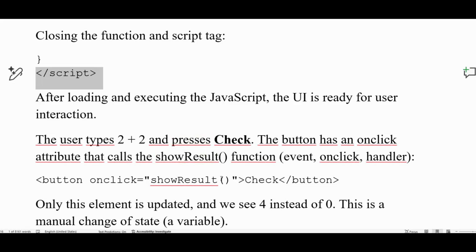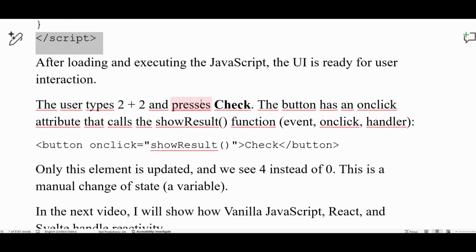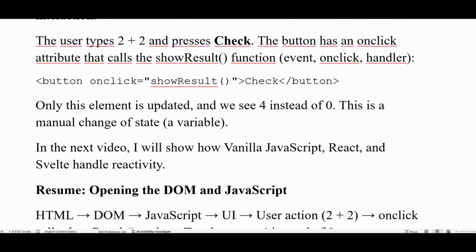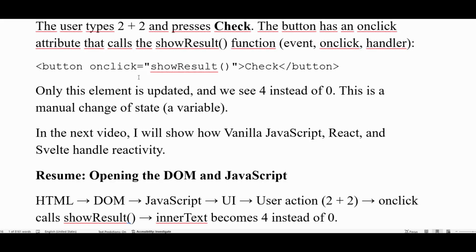After loading and executing the JavaScript, the user interface is ready for user interaction. The user types 2+2 and presses check. The button has an onclick attribute that calls the showResults function, an event handler. Button onclick equals showResults.